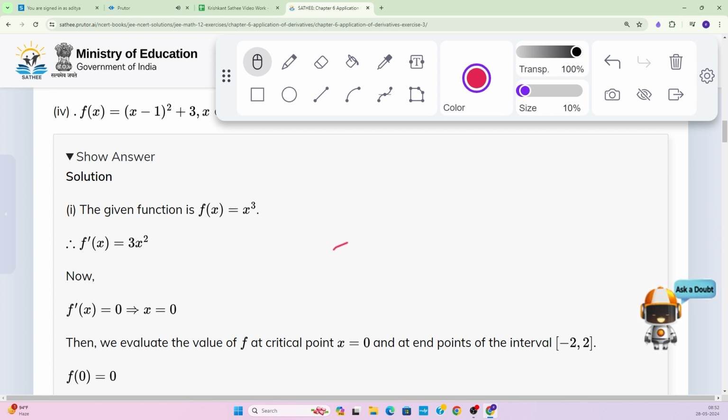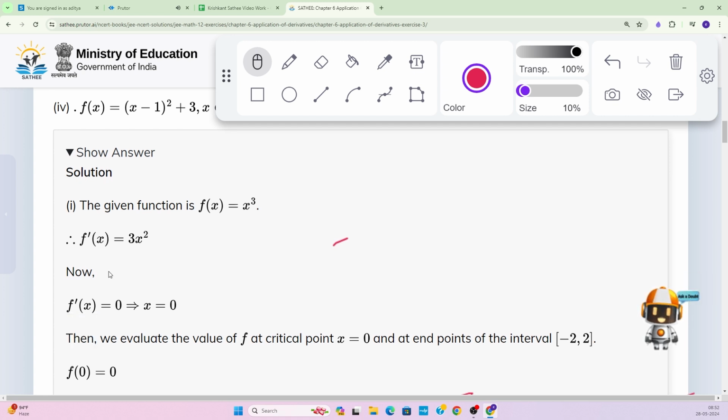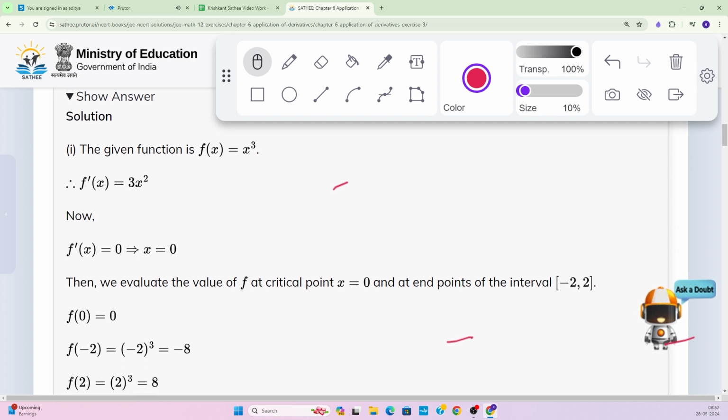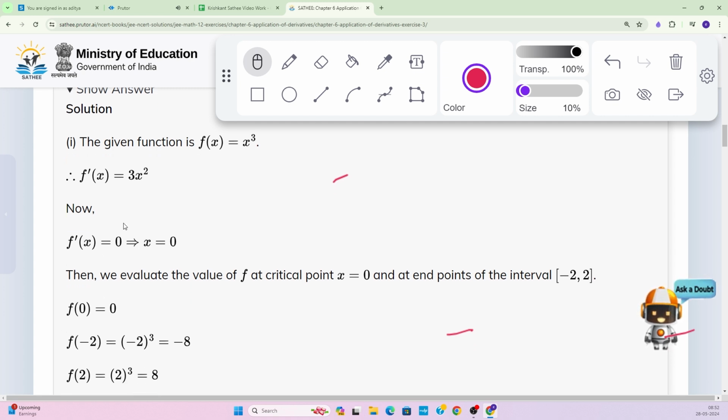Then we evaluate the value of the function at 0. So f of 0 will be 0. And we also want to evaluate at the endpoints. Clear?